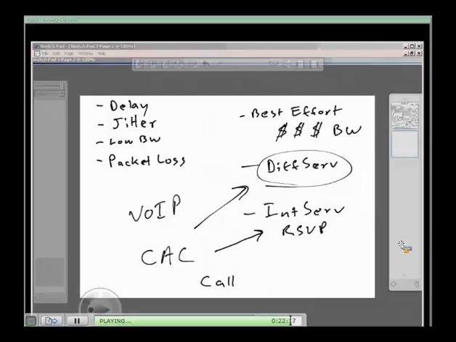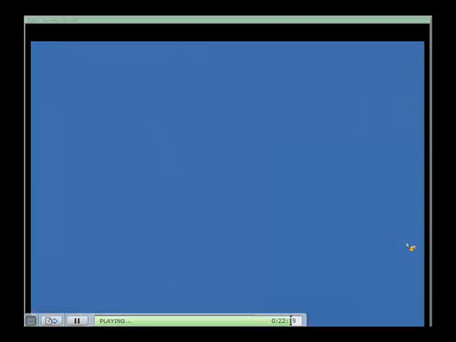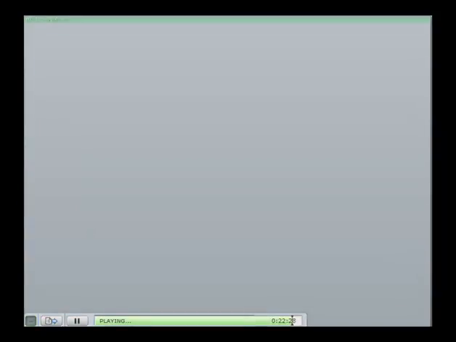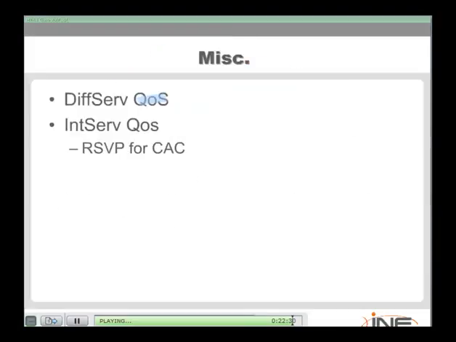Call admission control. And this is literally saying, okay, I am not going to let this voice over IP phone call onto the network unless there is adequate bandwidth for that call on the network. What a neat feature.